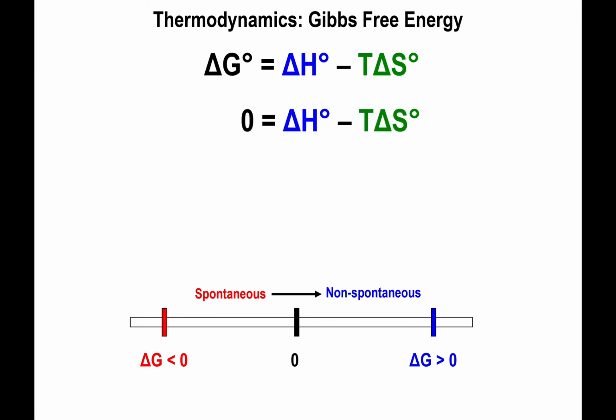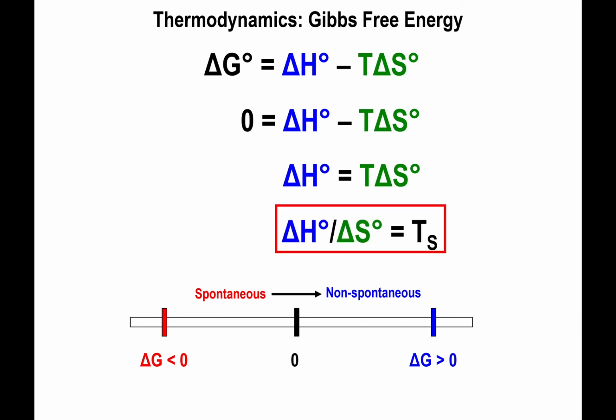All right, and the idea is this. 0 is going to be the point where you switch over from spontaneous to non-spontaneous, or vice versa, from non-spontaneous to spontaneous. So you literally let delta G equal 0, and you solve for the temperature. When you do that, you're going to end up with delta H equals T delta S, which means that delta H divided by delta S is equal to the temperature.